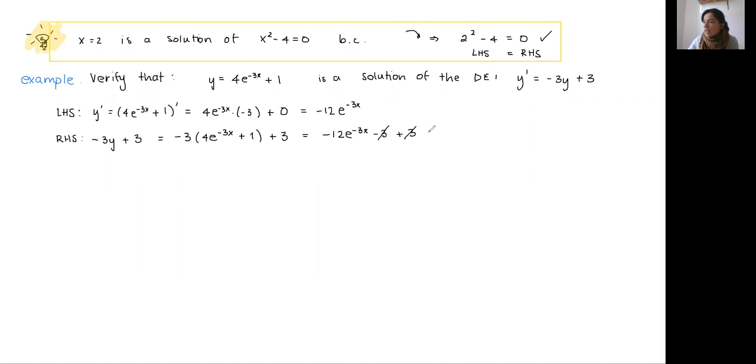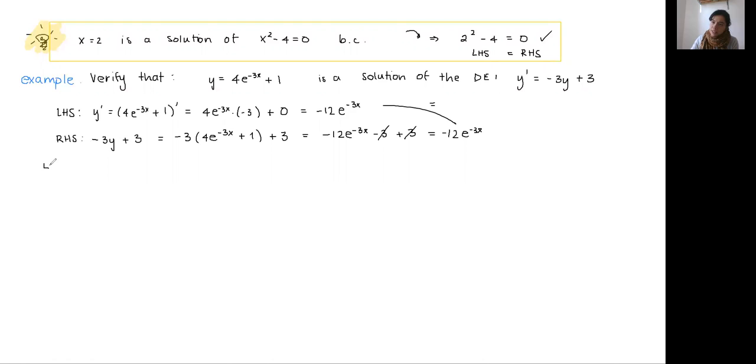These two cancel out, and I get that my right-hand side is actually just negative 12 e to the minus 3x, which just happens to be exactly the same thing that I had over here, right? So these two things are equal to one another, right?